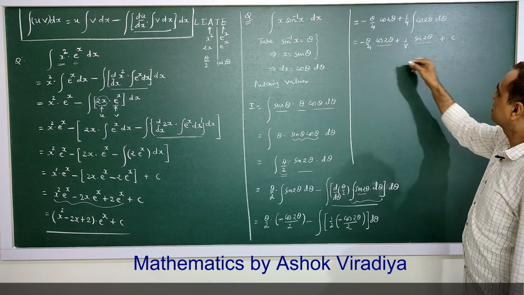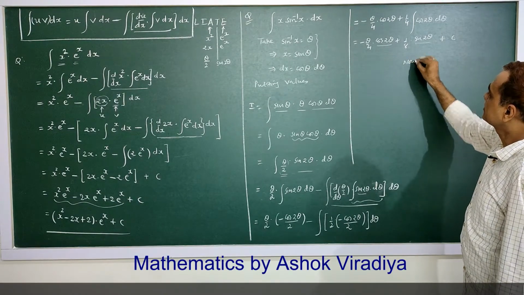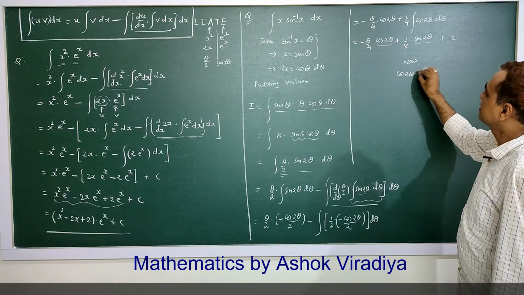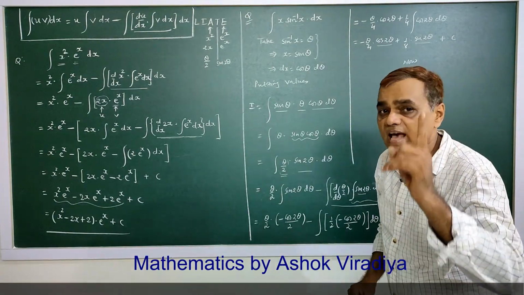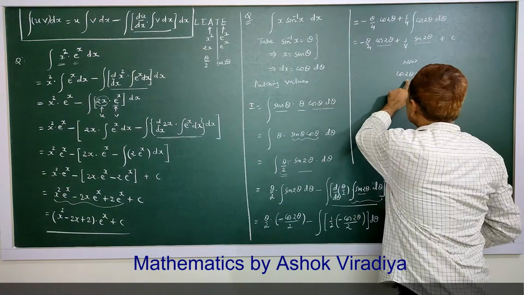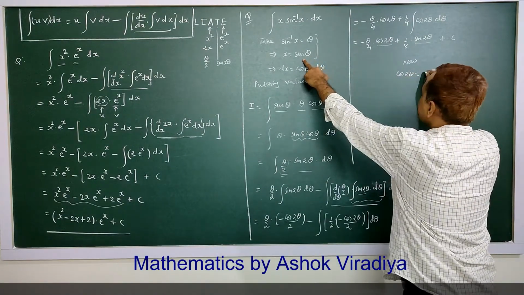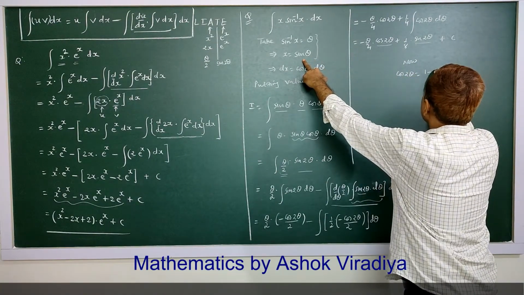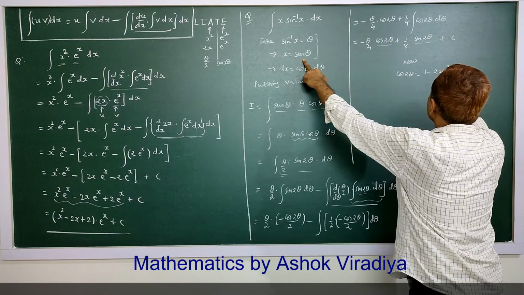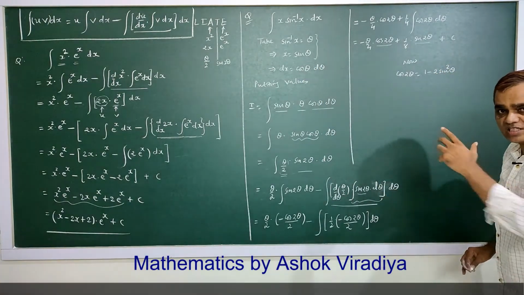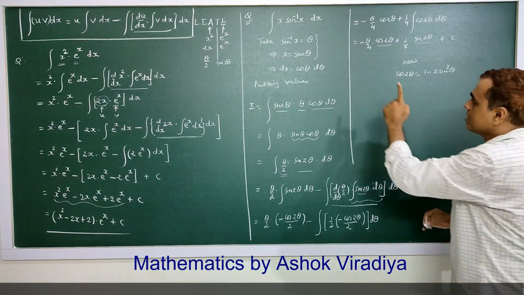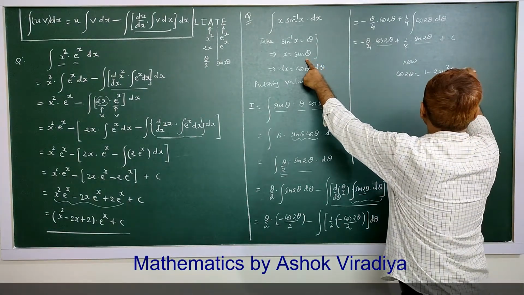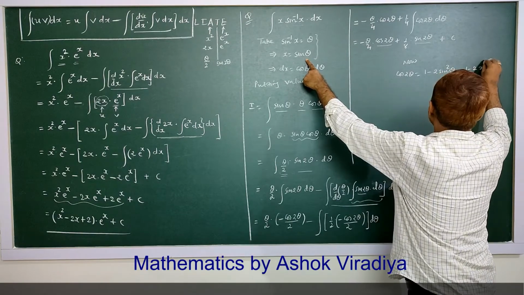Cos 2 theta, we want in terms of x. So cos 2 theta in terms of sine theta can be expressed as 1 minus 2 sine square theta. We know this result. We have chosen this result because we have the value of sine theta. So 1 minus 2x square.